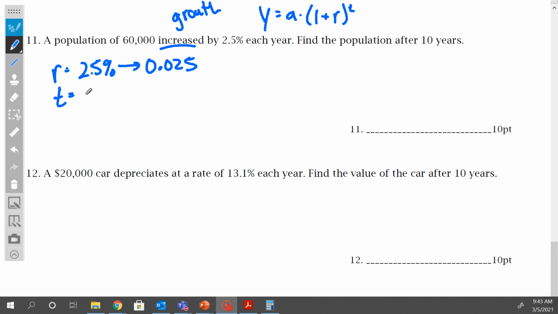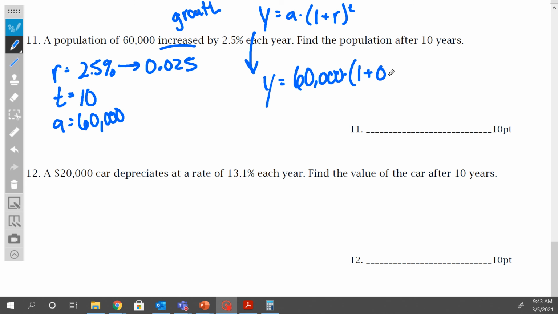The time period is 10 years, and the beginning value is 60,000. Okay, so we just plug that all into the equation here. Y equals 60,000 times 1 plus 0.025, and that's to the 10th power.